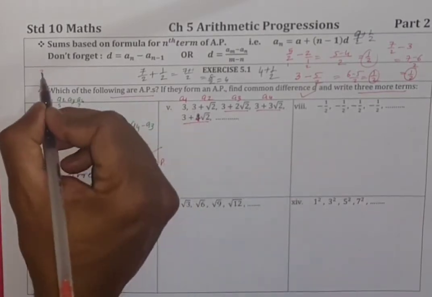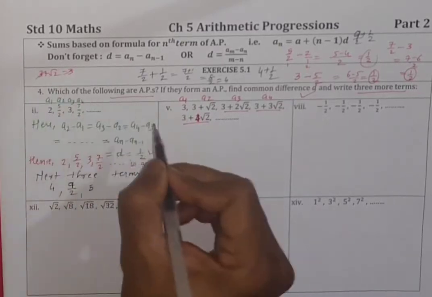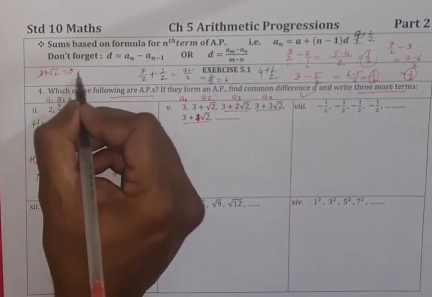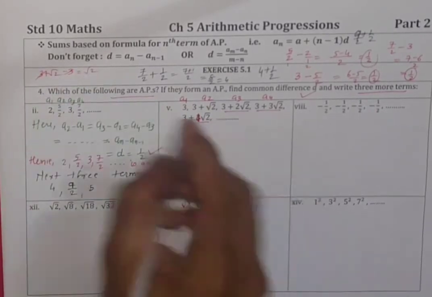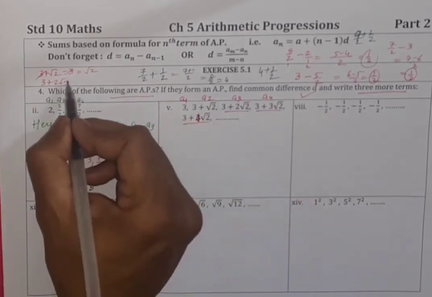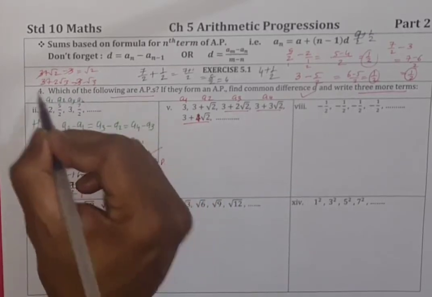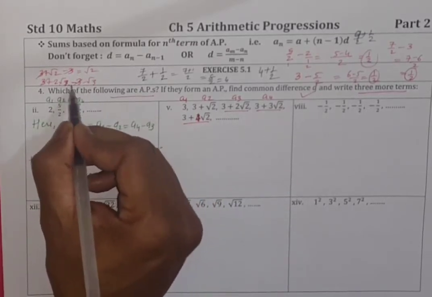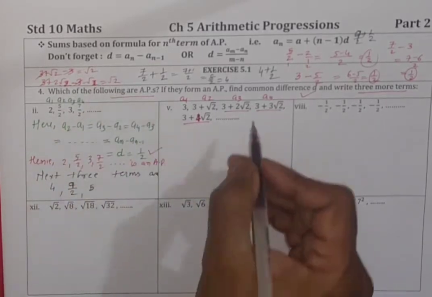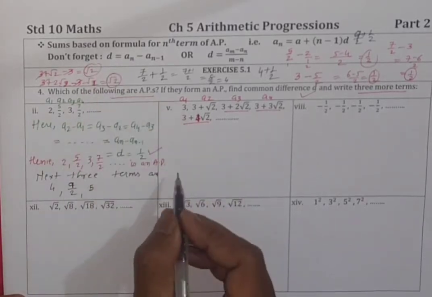Yes, 3 plus root 2 minus 3, these cancel. So A2 minus A1 is root 2. Okay, now this 3 plus 2 root 2 minus, so signs will change, minus 3 minus root 2, 3 cancel, this is root 2, 2 root 2 minus root 2 is root 2. Yes, root 2. Actually you can check all, all of them will give the common difference, and that is root 2.